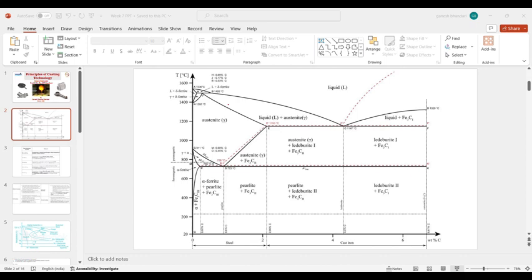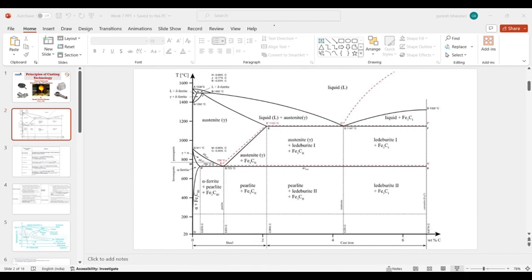Coming to the next question. Which of the statements about low carbon steel are correct? These steels have a carbon content of more than 2.4%. They are suitable for making sheet, strip and welding electrode. When we talk about low carbon steel, we talk about a carbon percentage of around 0.2% only.